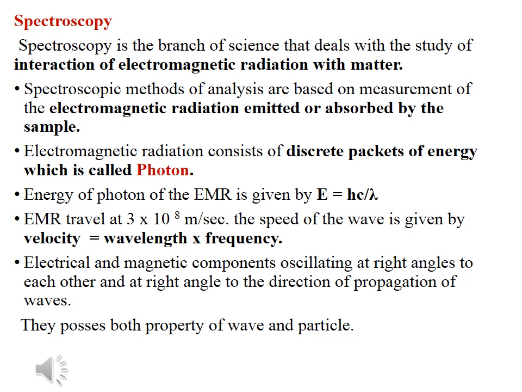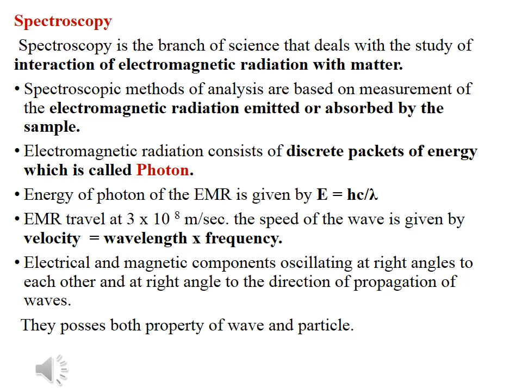Now, how do we gain the spectra? The electromagnetic radiations are either emitted or absorbed by the sample during the interaction, due to which there is a generation of the spectrum.